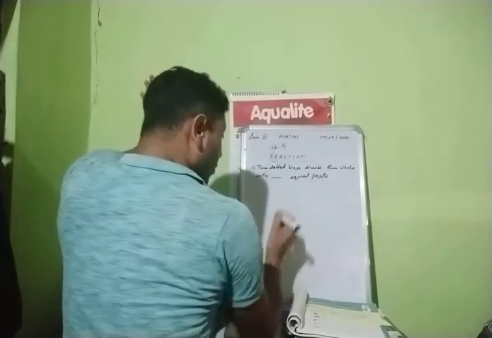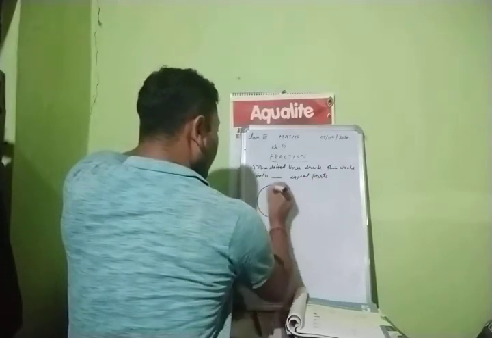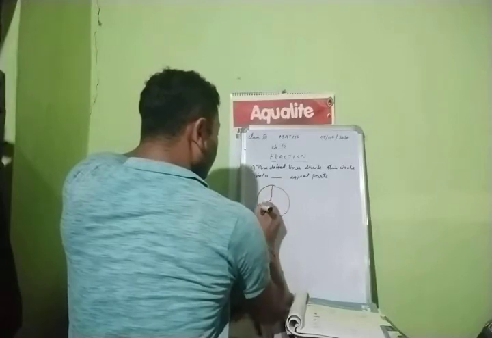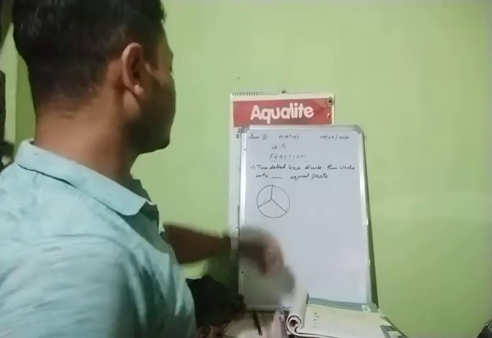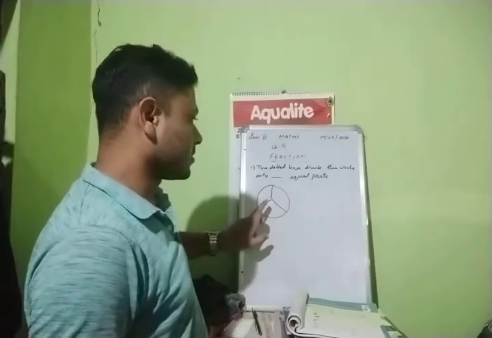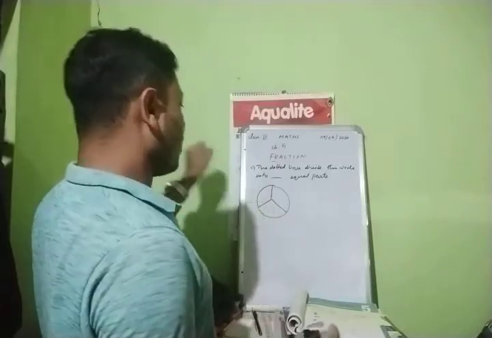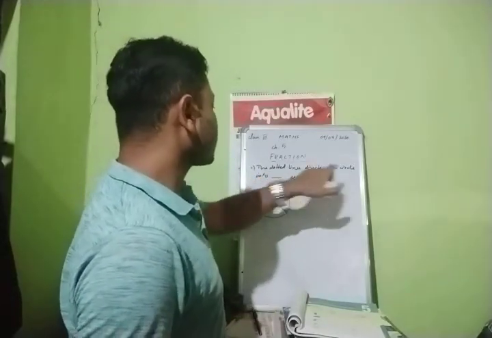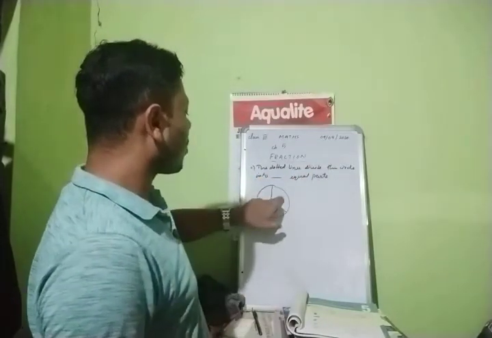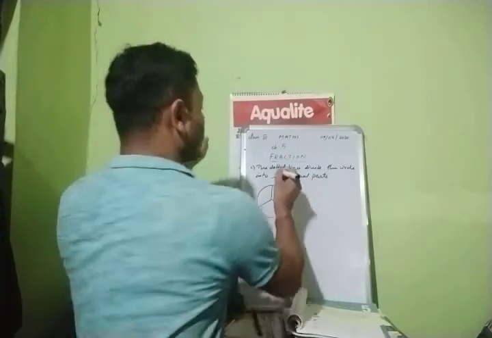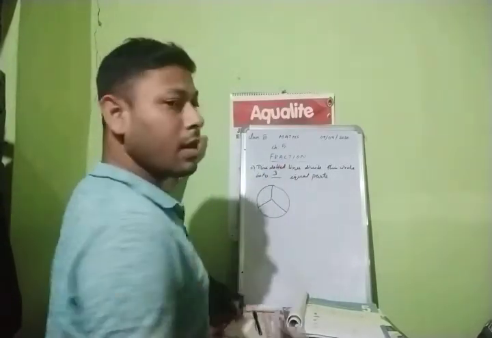Right? Okay, one circle is there like this, and these are the lines. Dotted lines are lines, both are same. Now, the dotted lines divide this circle into how many equal parts? 1 part, 2 parts, 3 parts. So what is it? 3 equal parts.